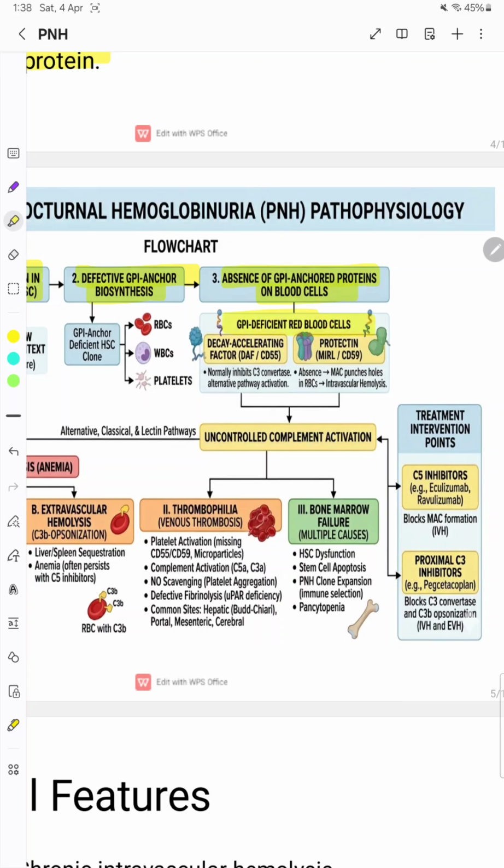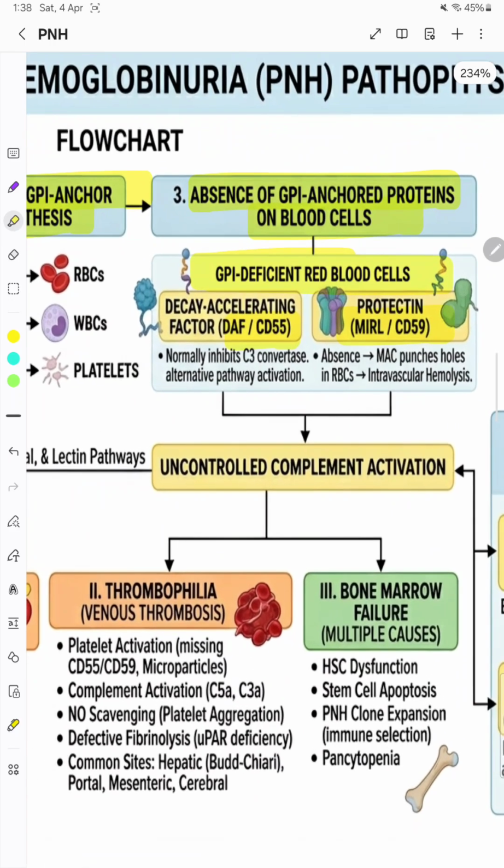GPI-deficient red blood cells have low or absent CD55 or CD59. Normally CD55 inhibits the C3 convertase and C5 convertase and prevents the activation of the complement system.